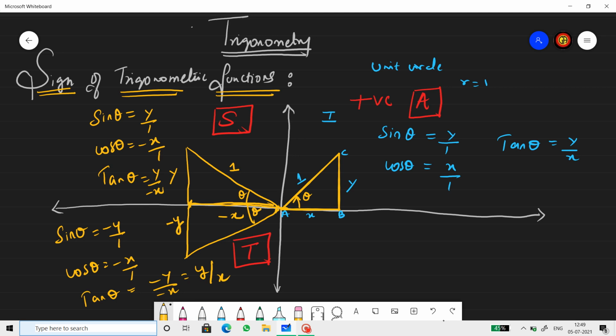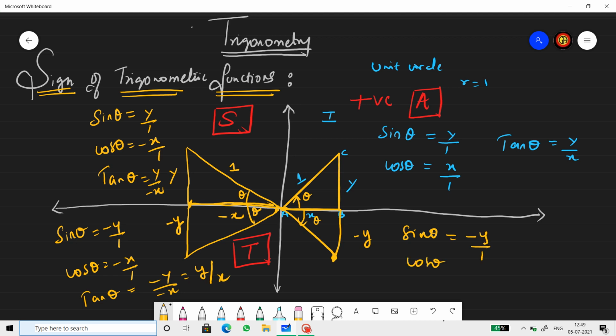Now let's consider the right angle triangle is formed in the fourth quadrant. Theta here, AB is x, and this length is minus y. So sine theta over here is minus y by 1.